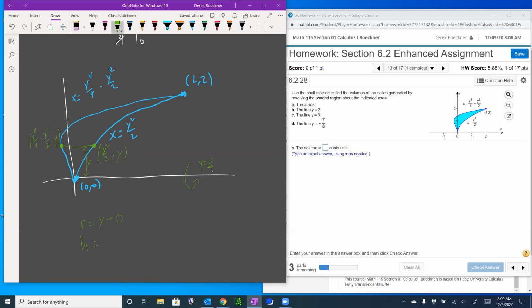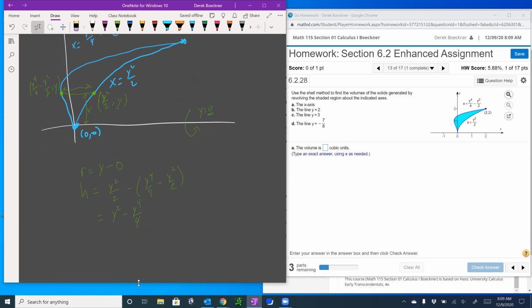Height of the shell is the change in the x values. So that's going to be y squared over 2 minus y to the 4th over 4 minus y squared over 2, which would be y squared minus y to the 4th over 4.